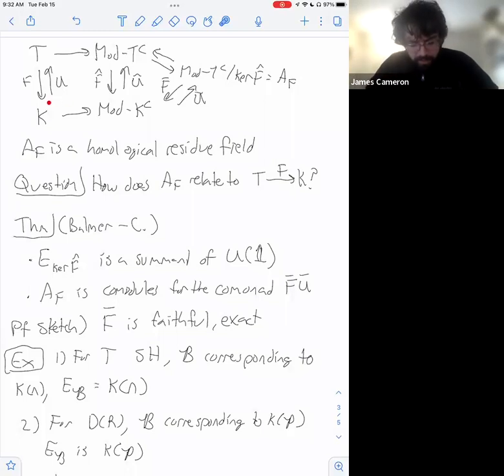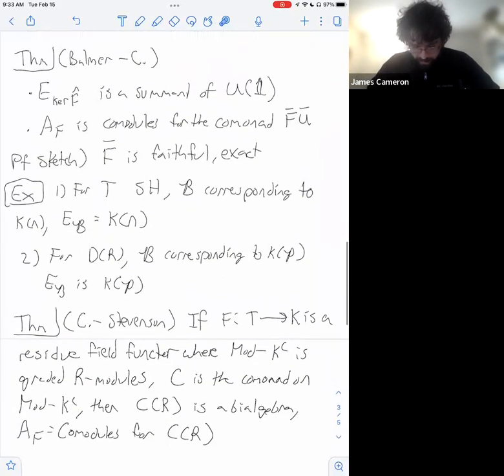And in that case, this map to the module category is just an equivalence. So then you have this comonad on a nice abelian category in those cases. So then we have this theorem identifying the comodules for the comonad in terms of comodules for this co-ring. Okay.